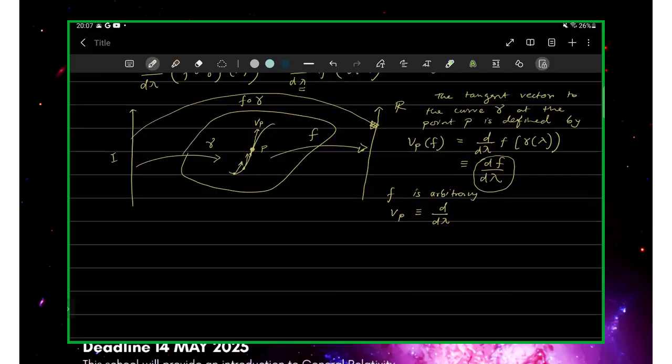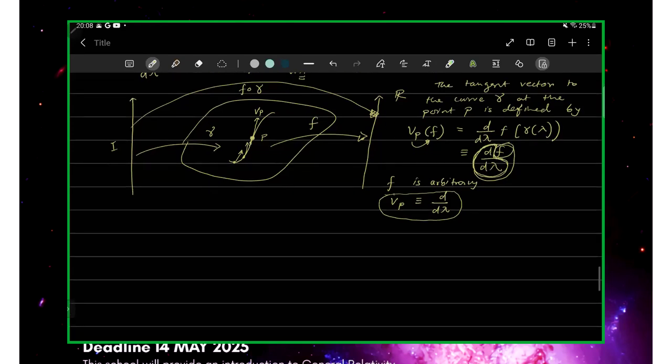Why did we bring up this? But there is actually a proof that you can show that VP can actually be used as d by d lambda, where essentially that is what I'm doing, right? I'm acting VP on f, which is basically the derivative operator acting on f. So here, in that essence, we write VP as d by d lambda.